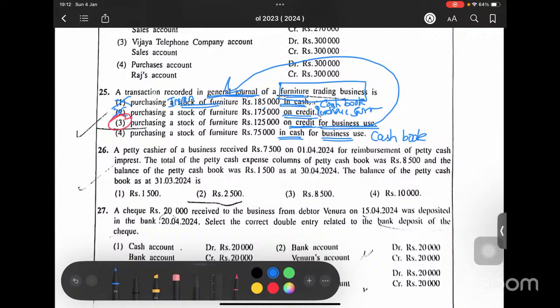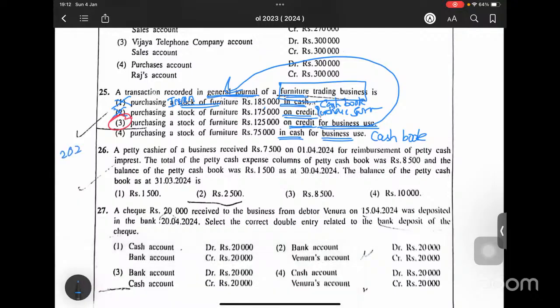When you read this question, the same kind of question was there in 2024 as well. This is the 2023 paper. And yesterday also we discussed something similar to this. So you can also get a question something like this with petty cashiers.